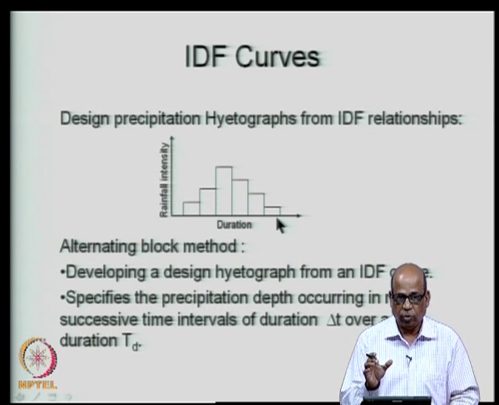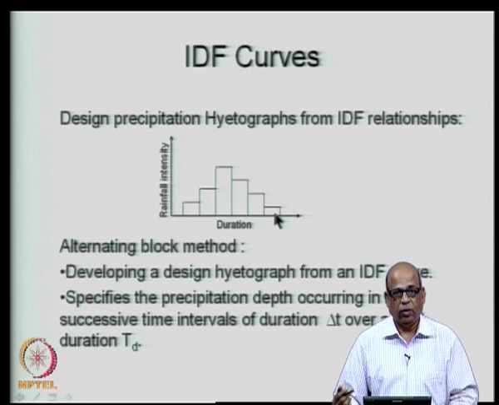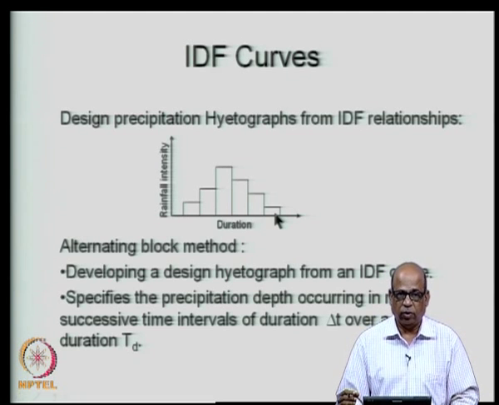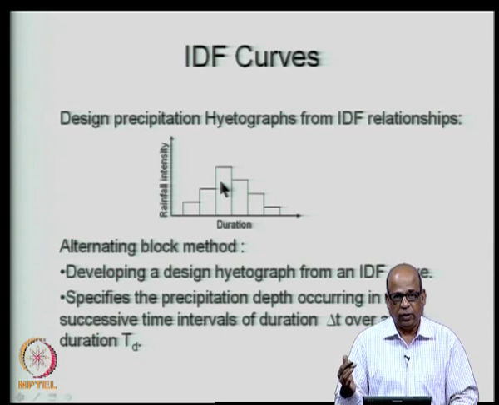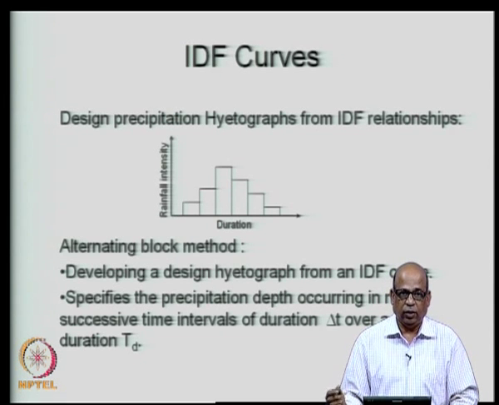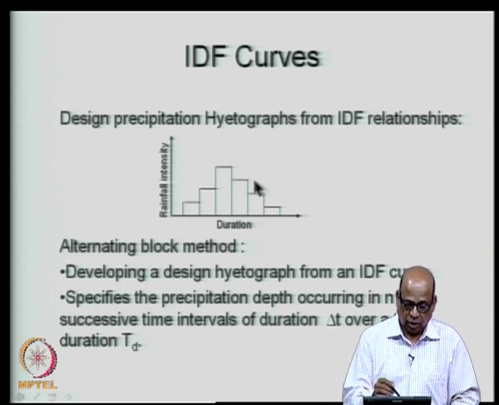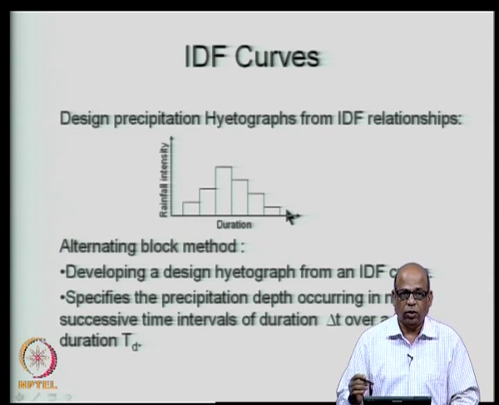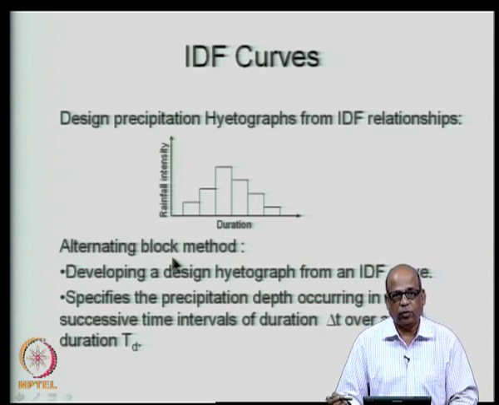So, we are talking about a storm of duration from this point to this point. Let us say it is of 1 hour duration, or 50 minutes duration and so on, and we have obtained the maximum intensity or the design intensity of the rainfall from the IDF relationship. How we distribute this across time for the duration of the rainfall is what we will see now, and the particular method we are discussing is called the alternating block method.